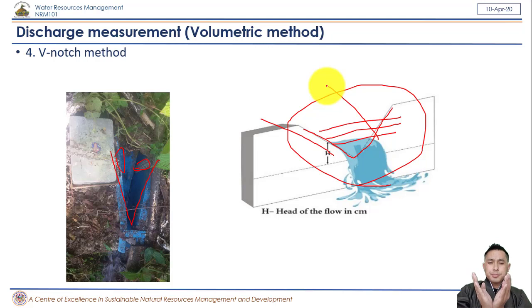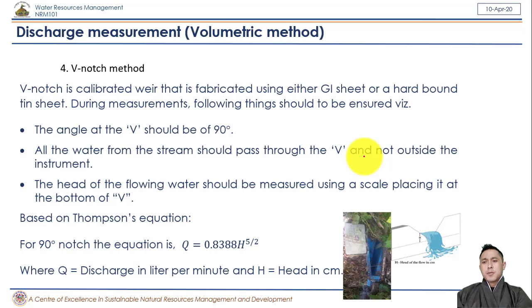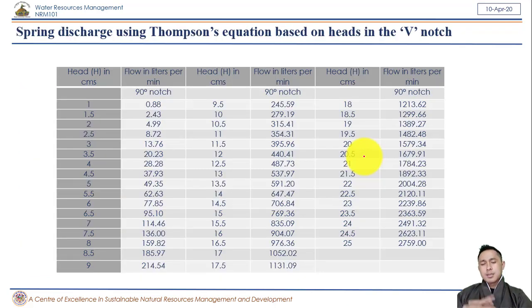Then after that, we are going to note down the height which that river or stream has reached. Noting the height is basically going to give us the quantity of water that flows in that stream or river.